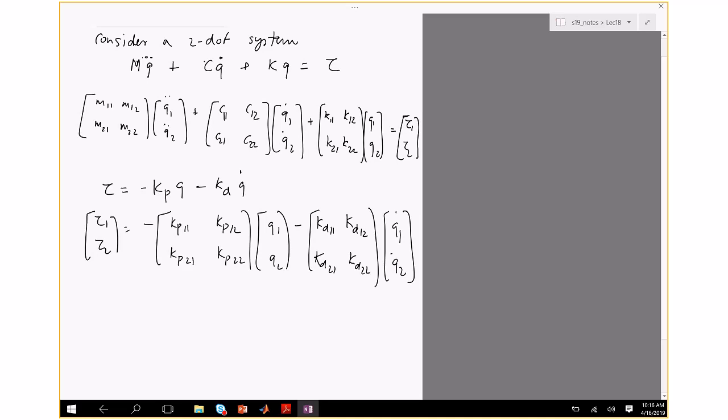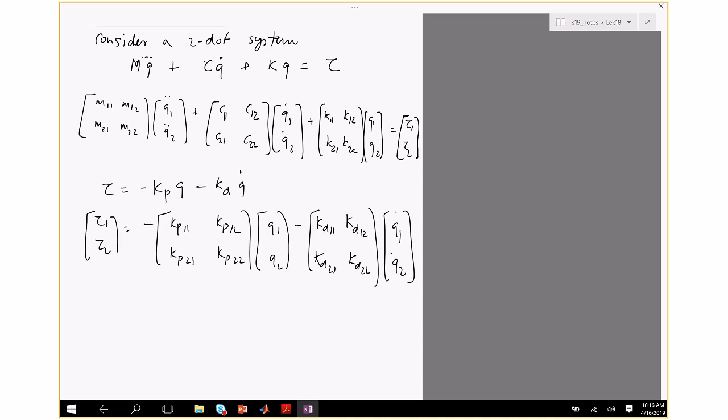For a 1 degree of freedom system, we only have to choose Kp and Kd, two numbers, right? And we wrote Kd as a function of Kp using critical damping. Now we have not two numbers, but 8 numbers: 4 Kps and 4 Kds, and you'll have two constraints posed by critical damping. So to take the system, write the critical damping ratio, and figure out Kp and Kd is a long process.